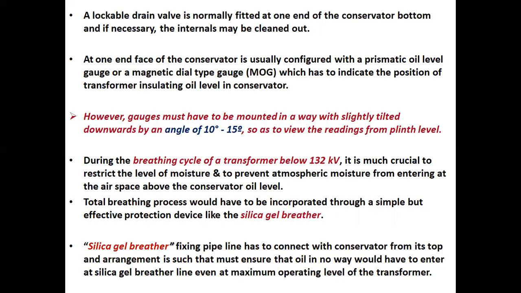However, gauges must be mounted in a way that is slightly tilted by an angle of 10 to 15 degrees so as to view the readings from plinth level. During the breathing cycle of a transformer below 132 kV, it is crucial to restrict the level of moisture and to prevent atmospheric moisture from entering the air space above the conservator oil level.